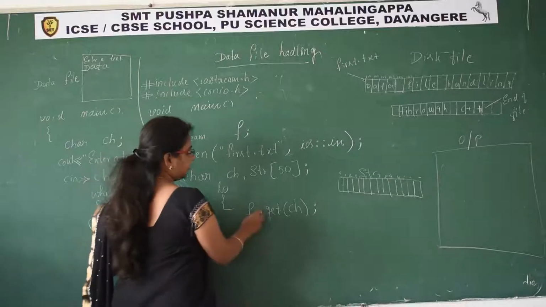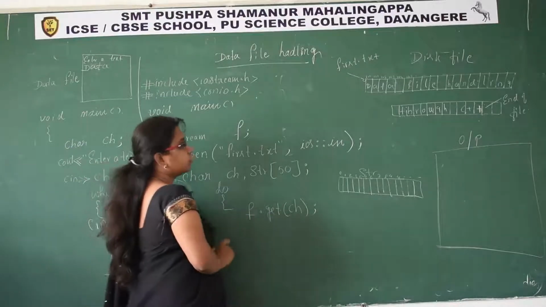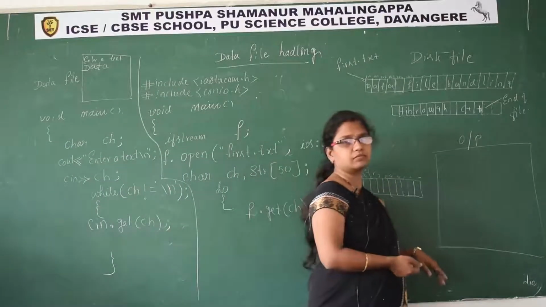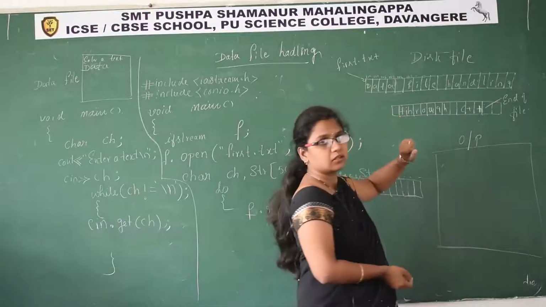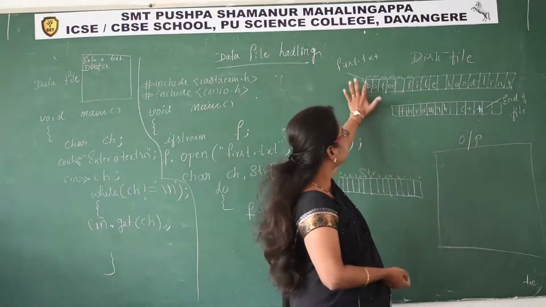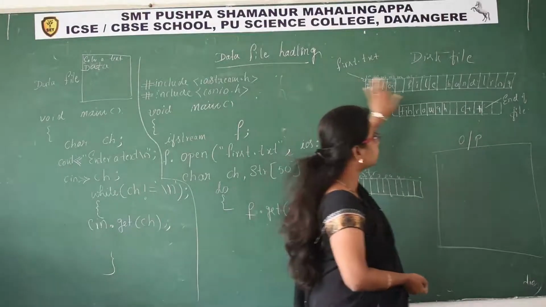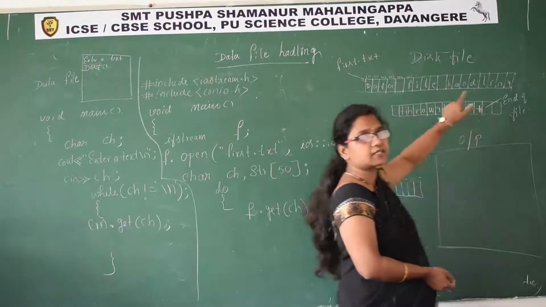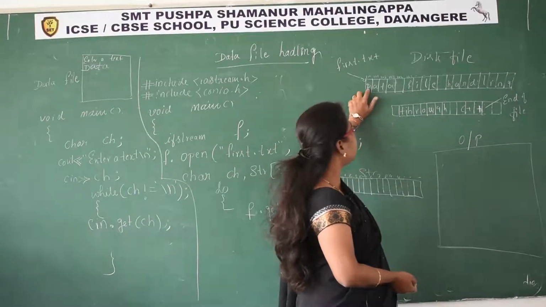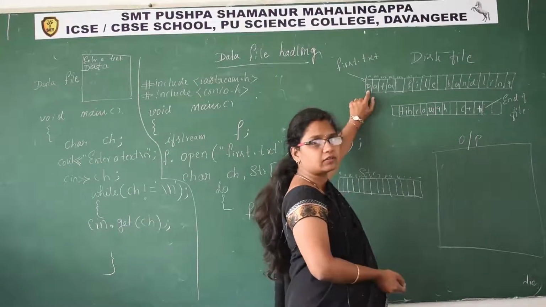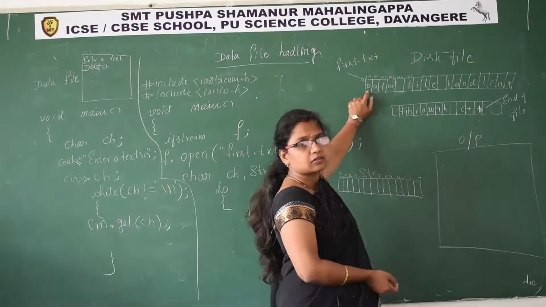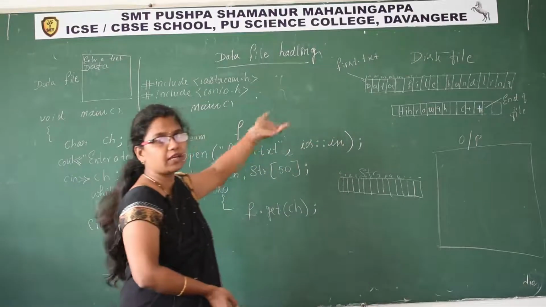Here f dot get ch. If nothing is there in the file, suppose there is nothing in the file, then where is the end of file? At the beginning, isn't it? This is the end of file. If nothing is there in the file, the end of file is at the beginning. So how to indicate whether the file is empty or not?